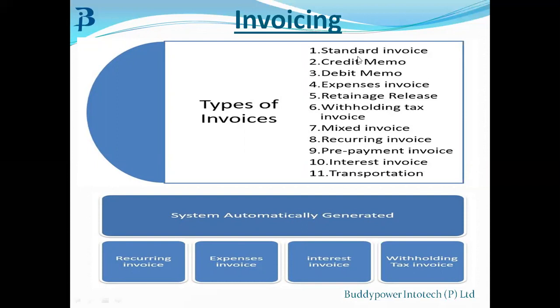Then comes the credit memo. You must be knowing what a credit memo is, right? If we have paid an excess amount for one invoice, the vendor will raise another credit to match it with the debit memo.